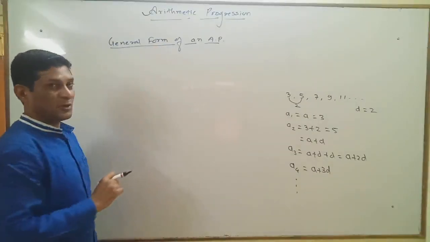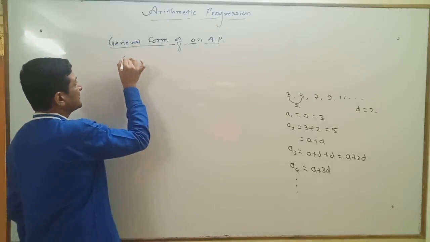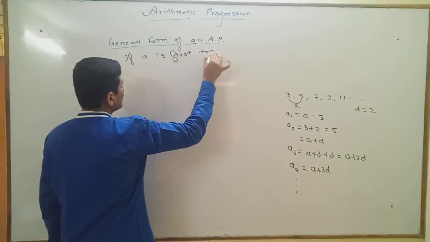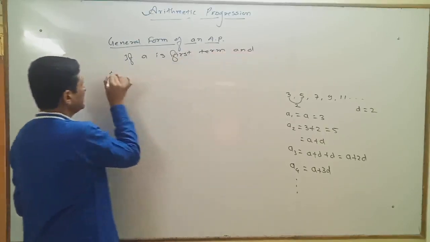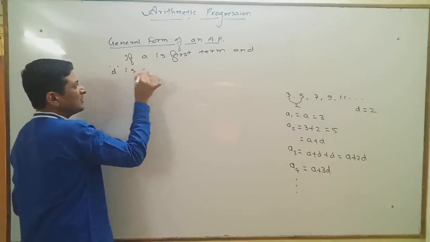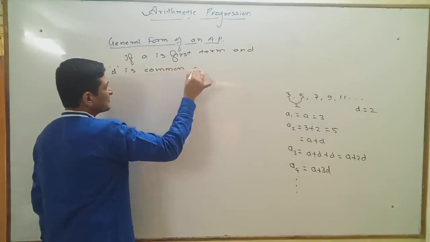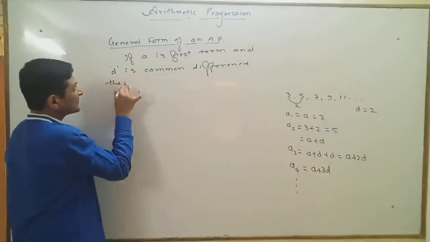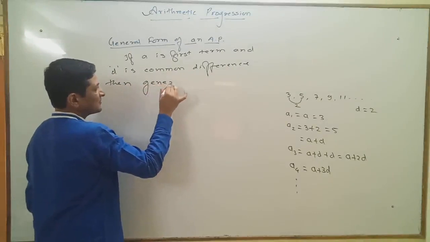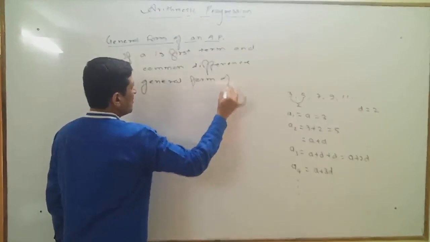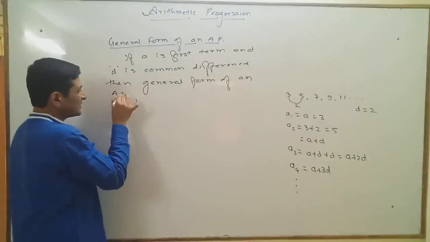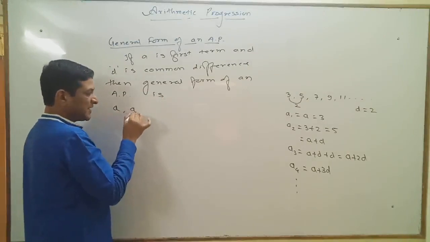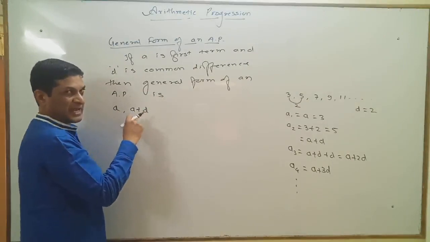Now let us discuss the general form of an arithmetic progression. If A is the first term and D is the common difference, then the general form of an AP is: if you denote the first term by A, then the second term can be obtained simply by adding D, the common difference.